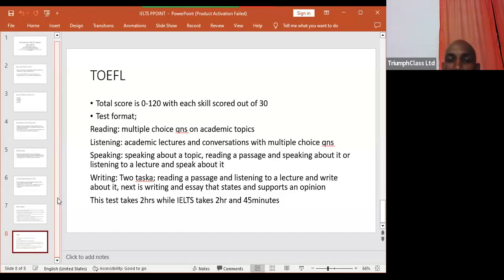After that, you're going to write about what you have read in the passage. You may paraphrase, but you have to stick to the point. You may use your own words, but you have to make sure that there is no difference between what you are writing and what you have read in the passage.